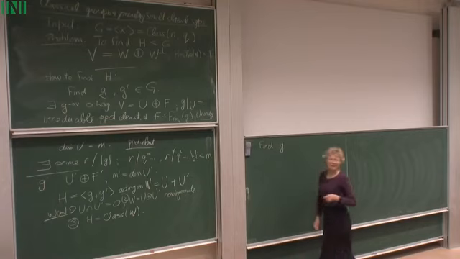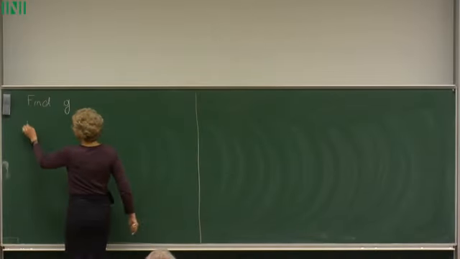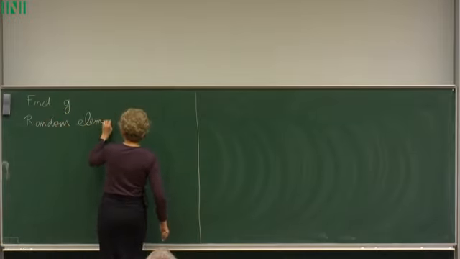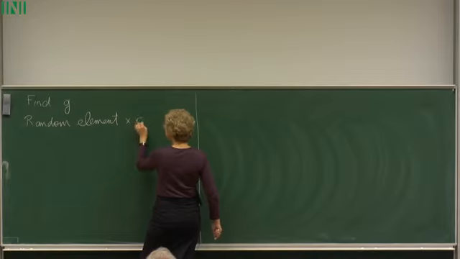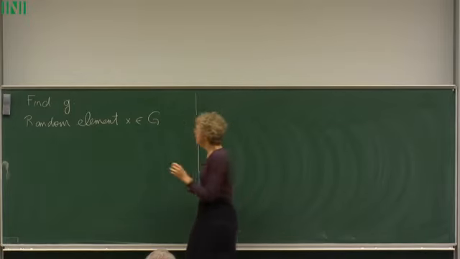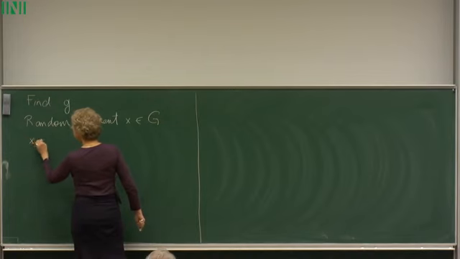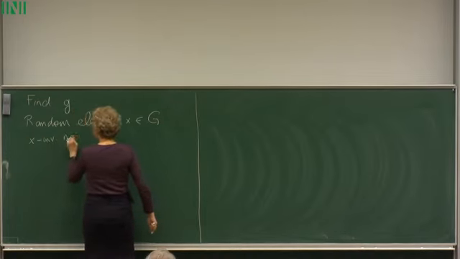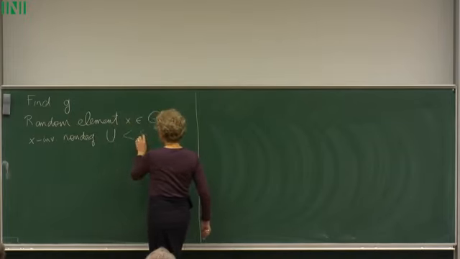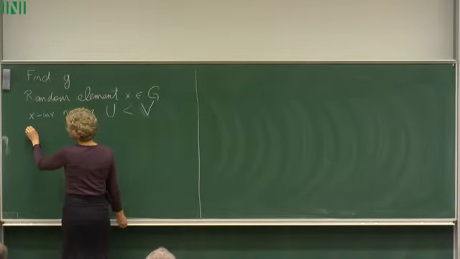Well, let's look at one of them. It's the same for the other. How do we find g? We're going to make a random selection in the classical group G, and we're going to hope that there is an X invariant non-degenerate subspace U of V of the right dimension.